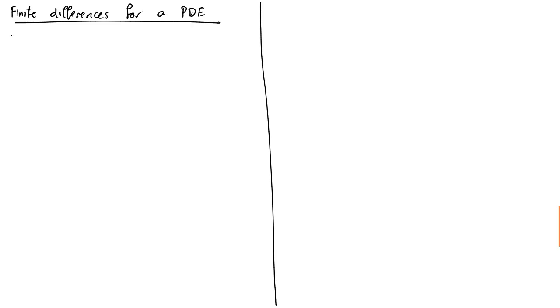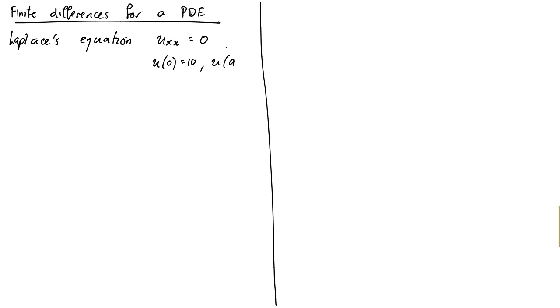Those of you who are in Math 361 have probably seen something like this before. Finite differences for a PDE. So what I'm going to do is discretize Laplace's equation, which is uxx equals 0, with a couple of boundary conditions.